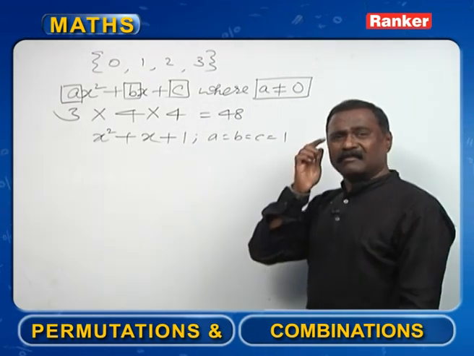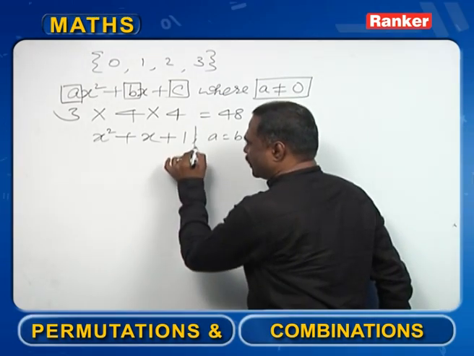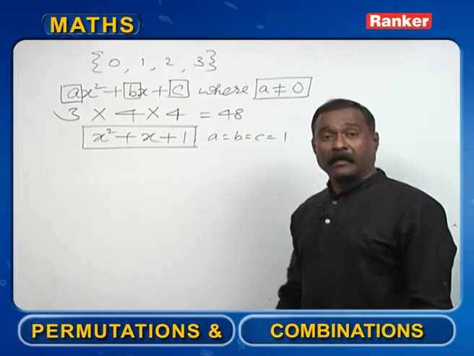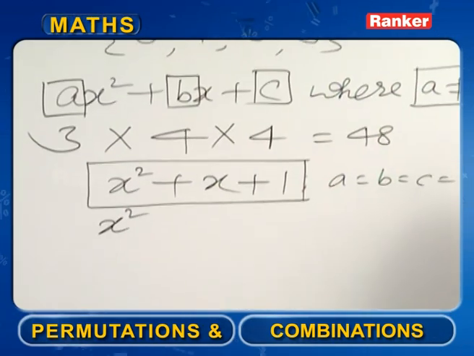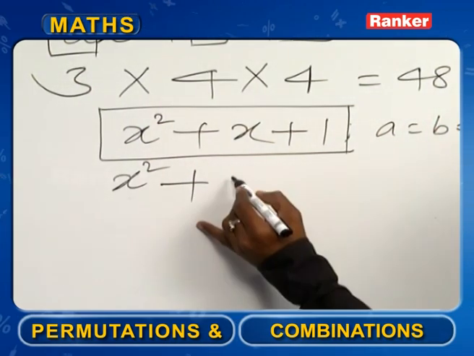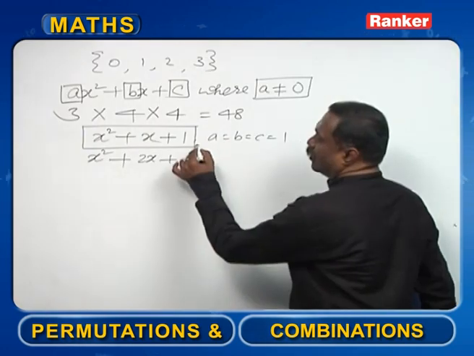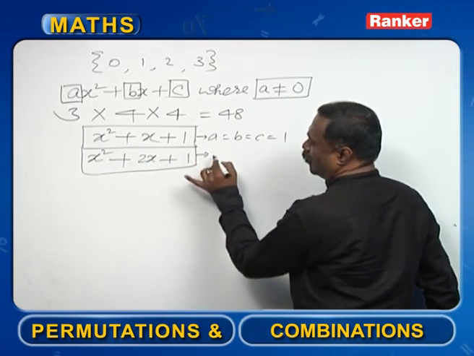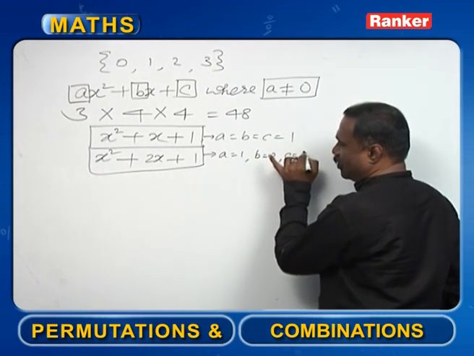I have taken an example. So it is a quadratic expression. Understand? Similarly, a is 1, b is 2, that is 2x, c is 1.